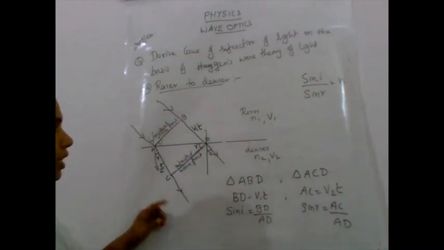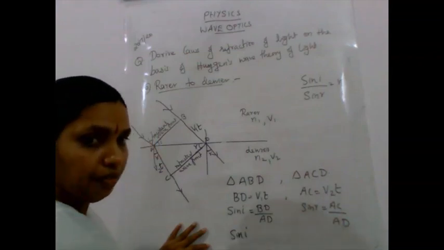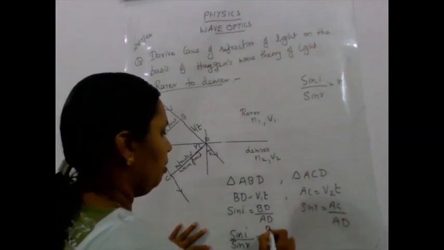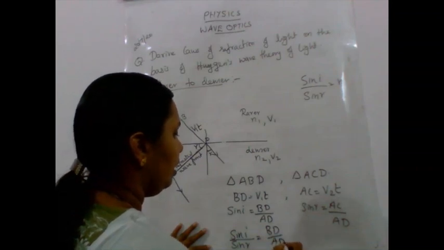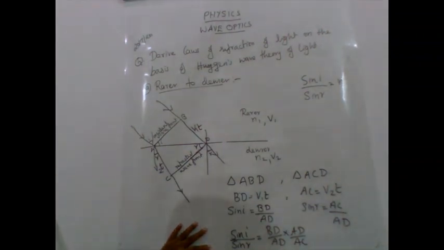So find out sin i by sin r. Therefore, sin i by sin r is equal to BD by AD into AD by AC. AD gets cancelled.